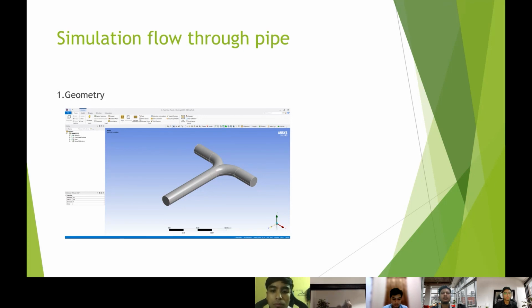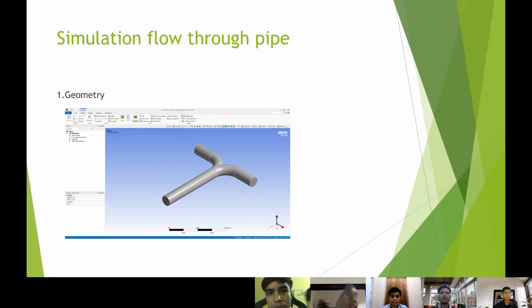Right. The purpose of this tutorial is to illustrate the setup and solution of 3D turbulent flow in a pipe. Pipe networks are common in any engineering industry. It is important to know the development of a flow at the pipe entrance and the pressure drop taking place along the pipe length.